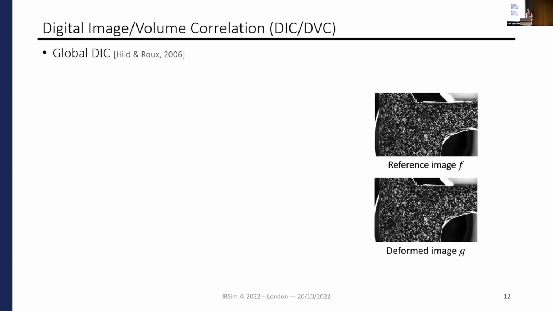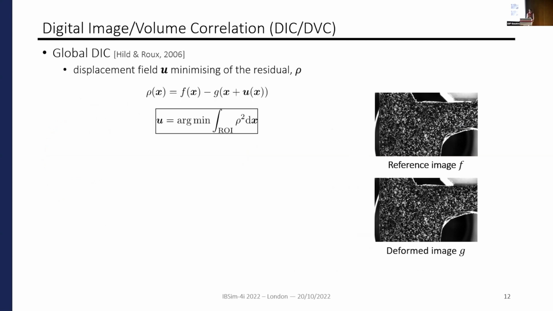So digital image or digital volume correlation are kinematic measurement techniques that are mathematically exactly equivalent. So I use an illustration about digital image correlation.